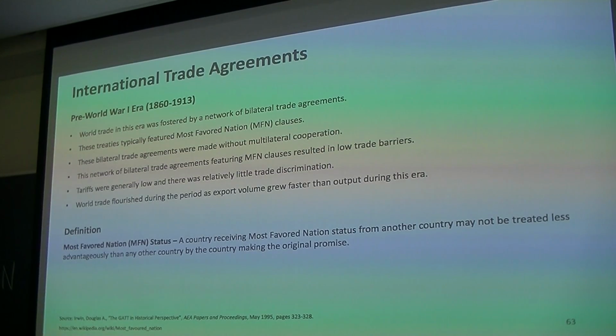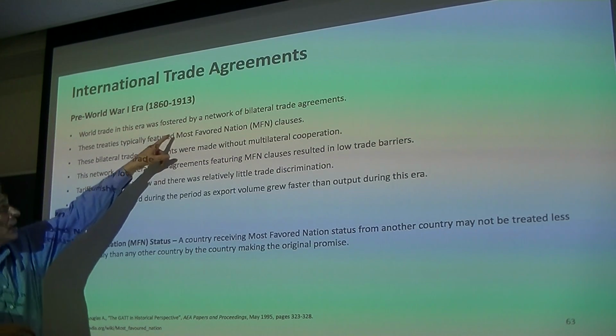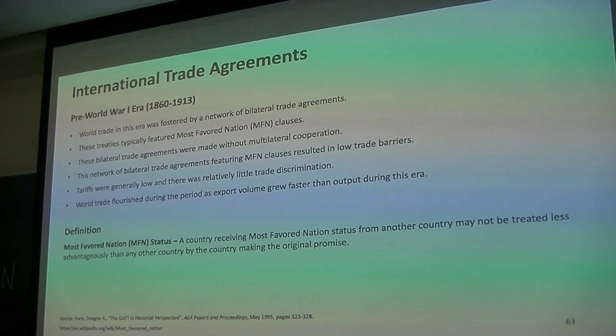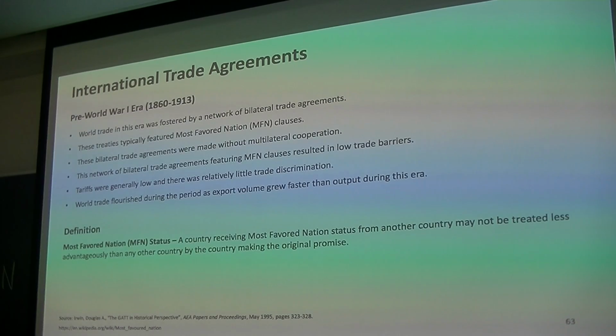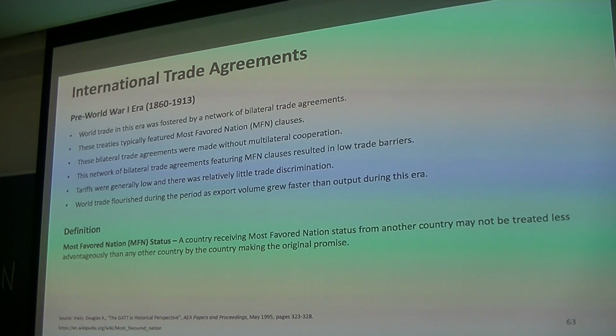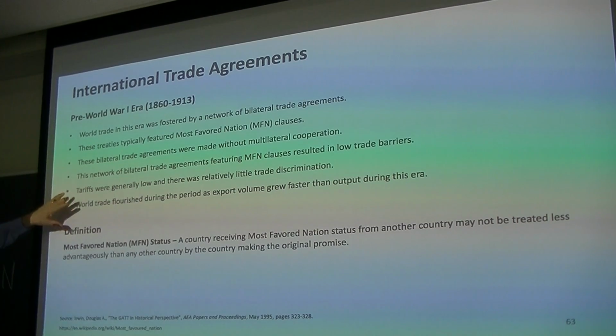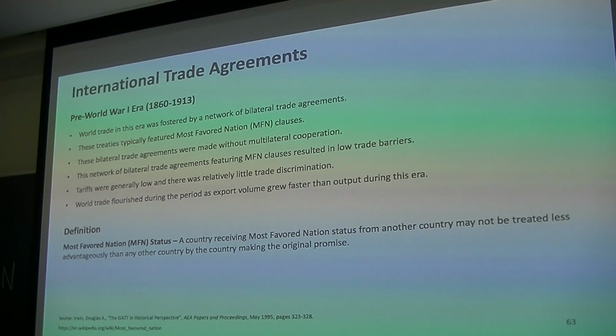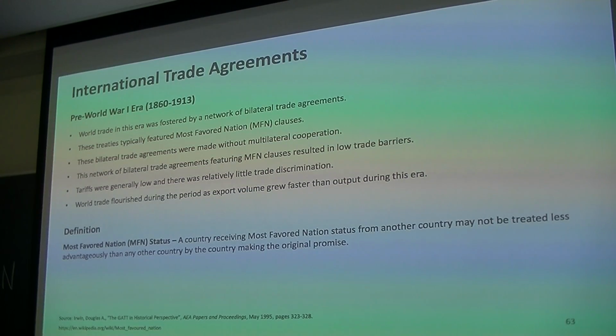By 1913, as I think I mentioned last week, the share of global GDP in traded products was greater than it would be after World War I started, until about 1970. So for almost a 60-year period after that, this level was not matched.